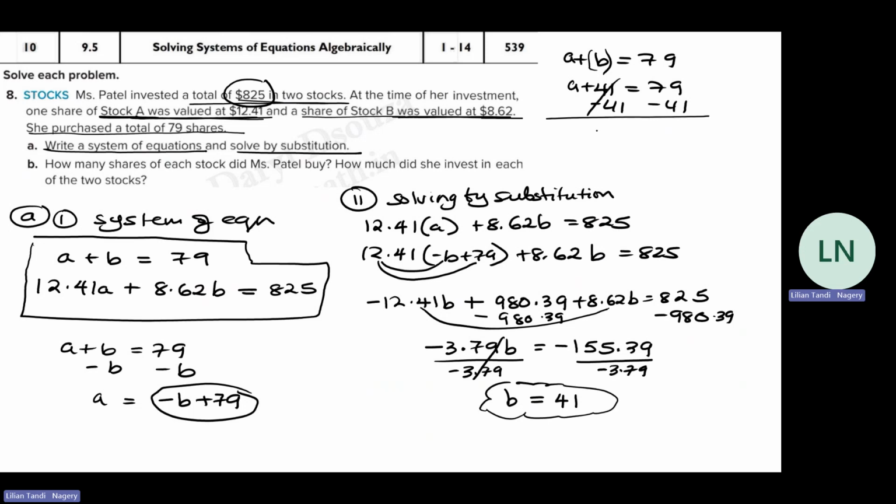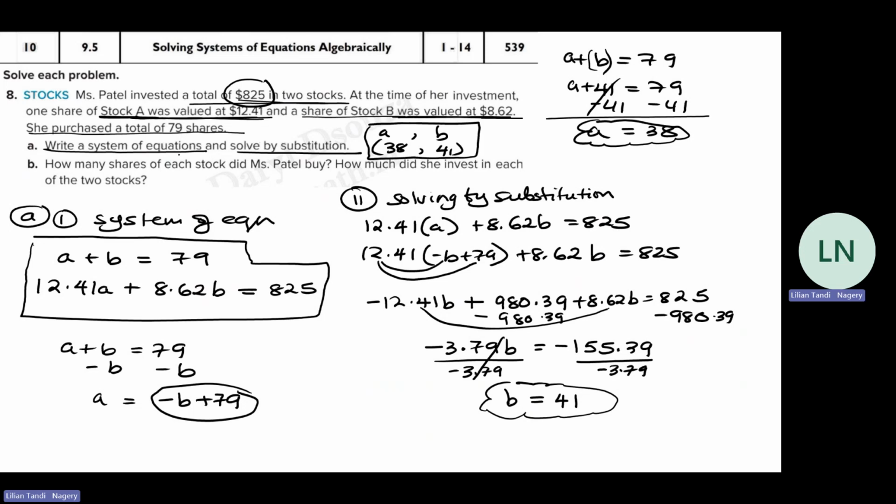This goes away. A equals 38. Okay. Now, so then you write your solution is (A, B) equals (38, 41). You box your answer.